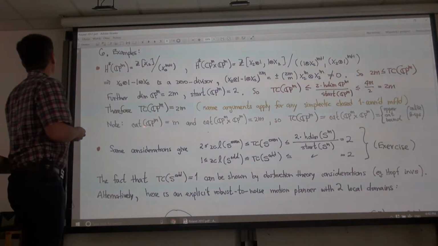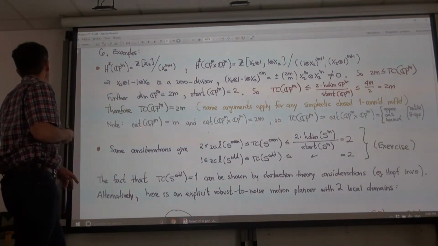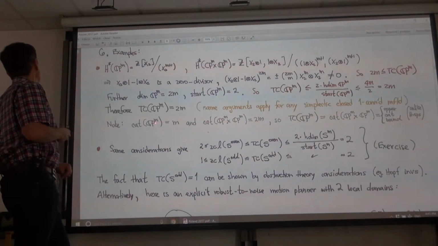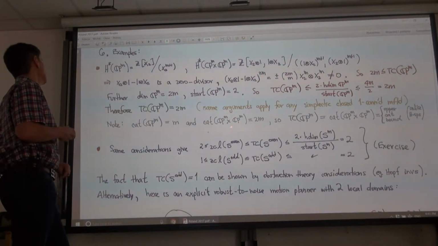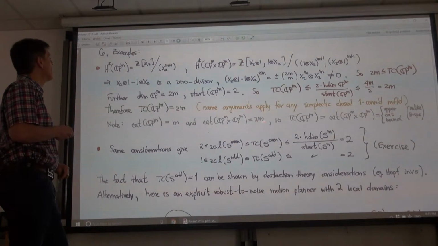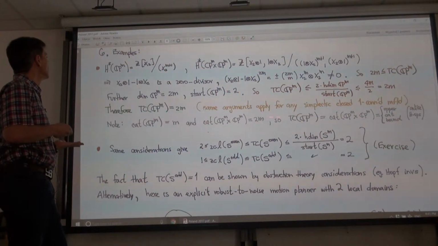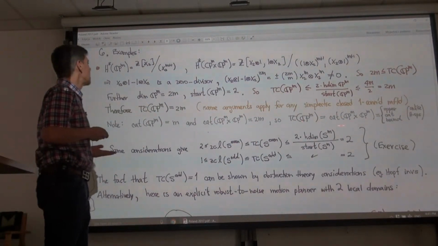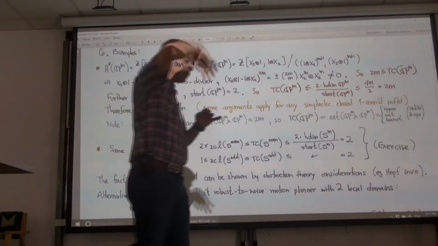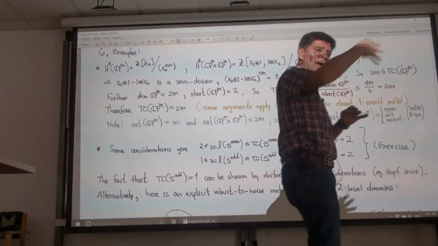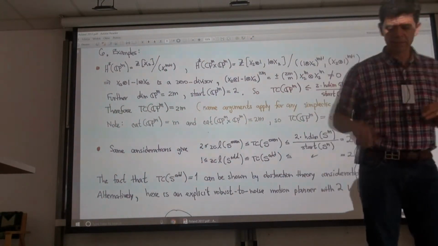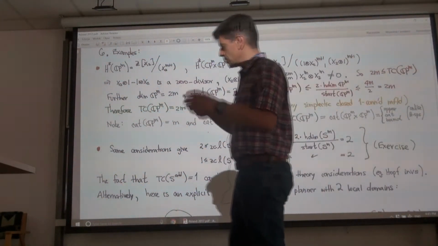All right. By the way, similar considerations tell you that the category of CP^m is m, the category of the Cartesian product is 2m, and in particular, that these are the same answers. So the topological complexity of CP^m is precisely the upper bound coming from the estimates, the category of the Cartesian product.